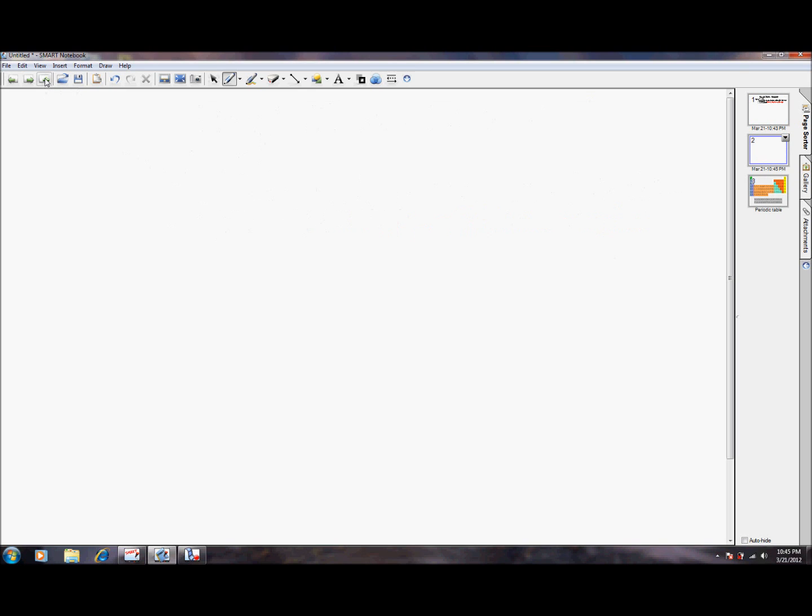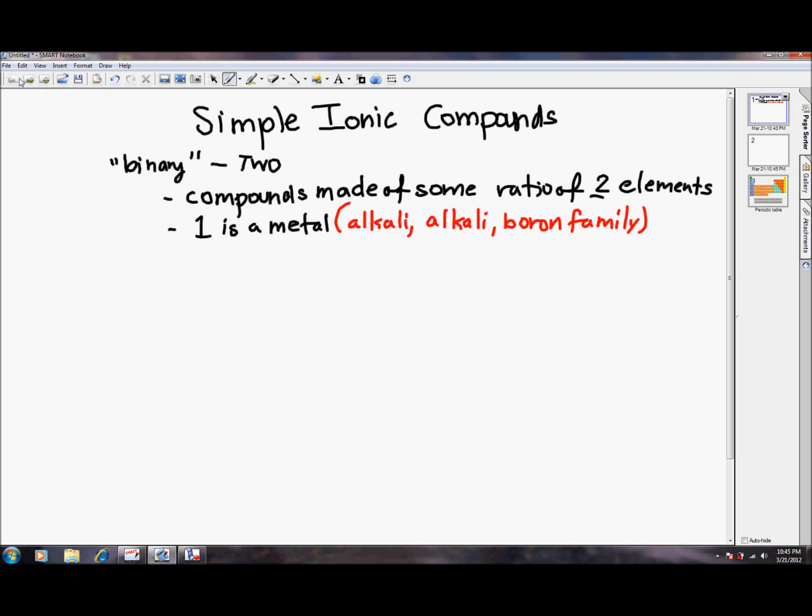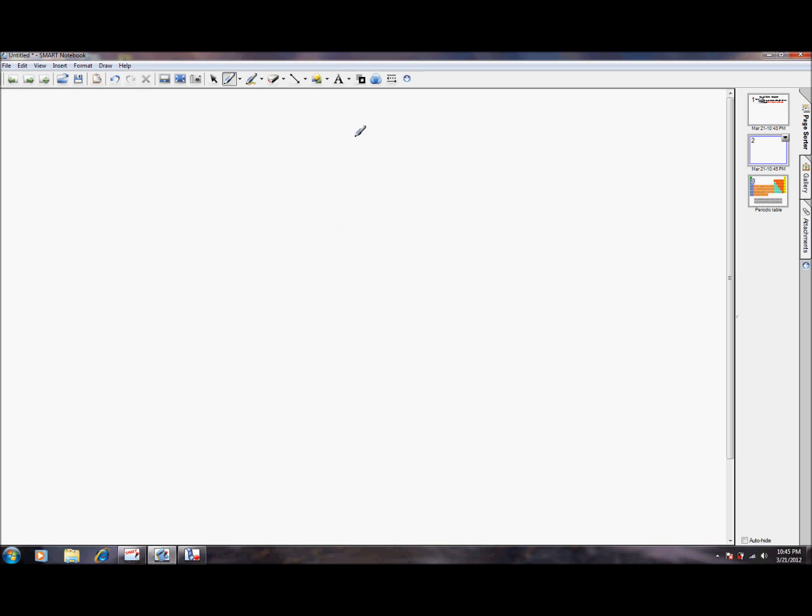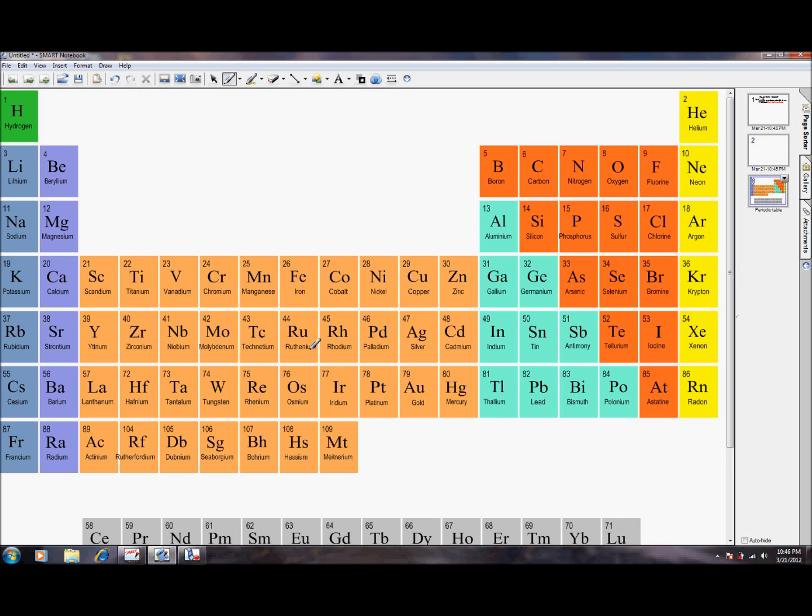So, just to remind you, that's metals from this family, and this family. So metals from any one of these columns will appear in what are called simple ionic or binary compounds.